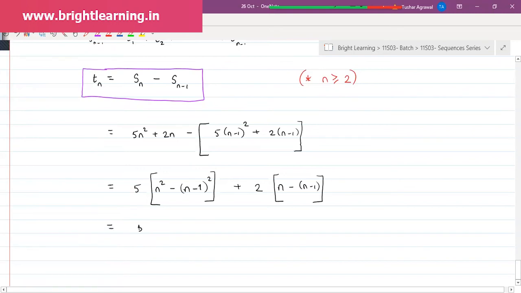So this will be equal to 5 times 2n minus 1 plus 2. So that turns out to be equal to 10n minus 3 for n greater than or equal to 2. The first term is independent.